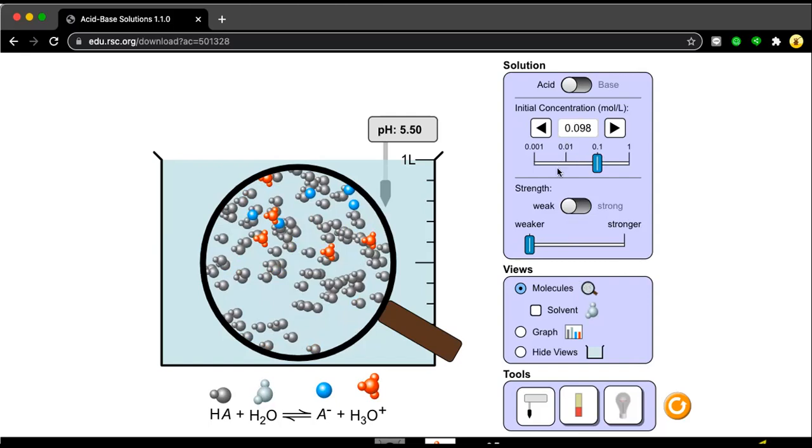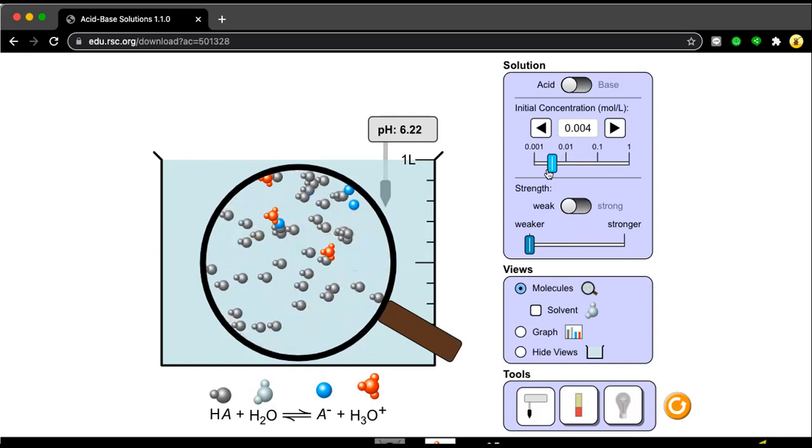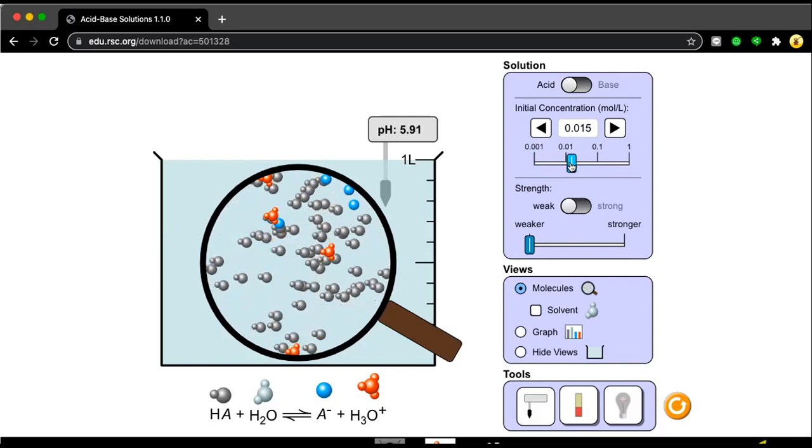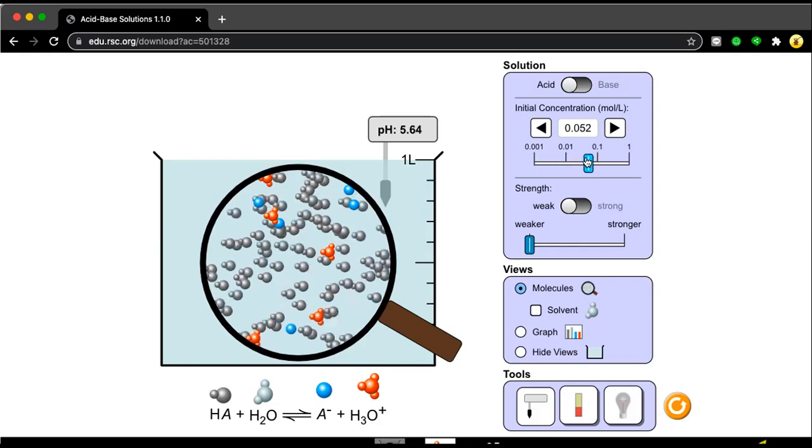So you can use this simple simulation to illustrate the difference between strength and concentration. And based on what you see in the worksheet just now, the concentration must be the same if you want to compare acids of different strength, one strong, one weak acid. Because concentration affects the pH.